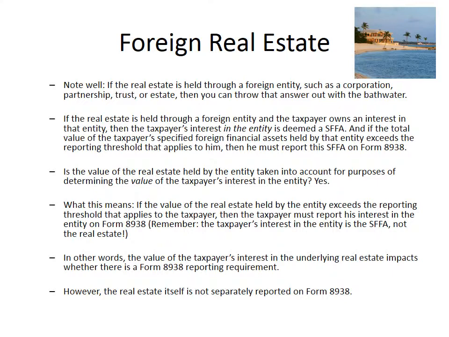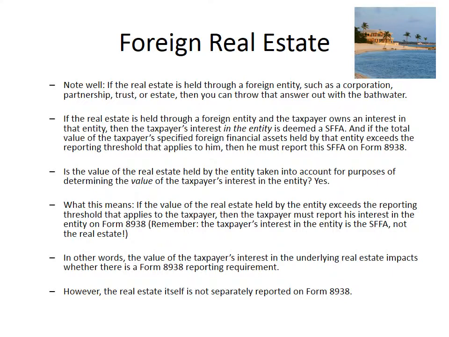And that would be what's reportable. All right, so once again, it's not going to be the real estate that is reported on Form 8938. It's merely going to be John's interest in the entity.